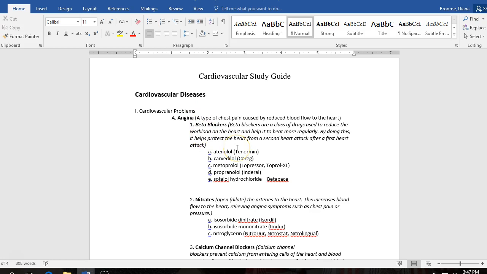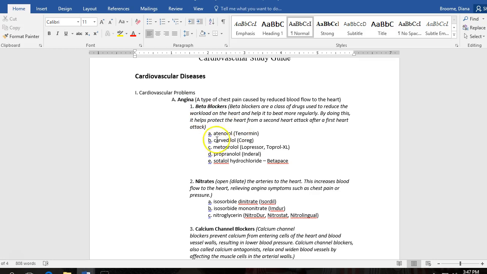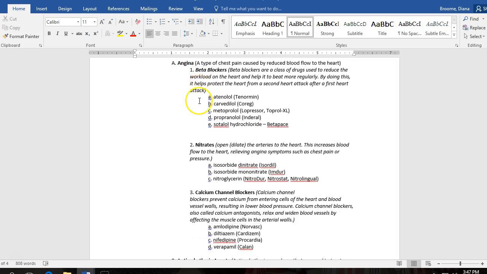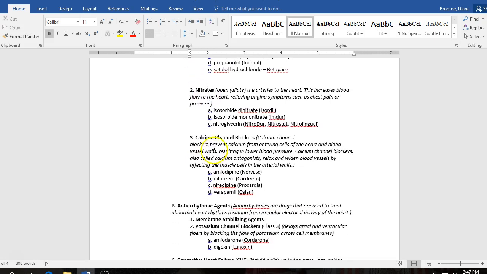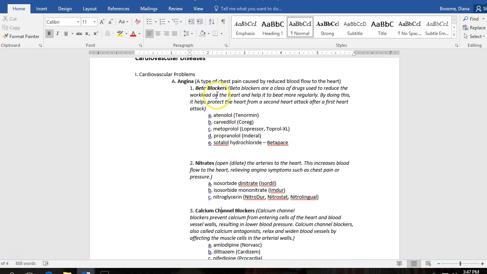And so to kind of understand the study guide, I wanted you to see that for somebody who's having chest pain, they could be prescribed either beta blockers, nitrates, or calcium channel blockers. Okay? And in those categories, beta blockers, these are the various types of drugs that could be given, and these are the brand and generic names.